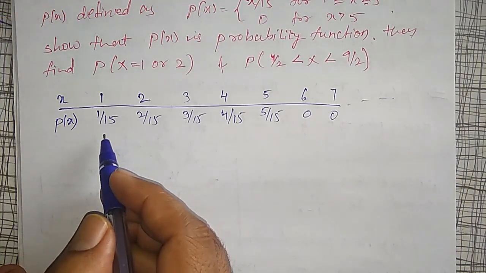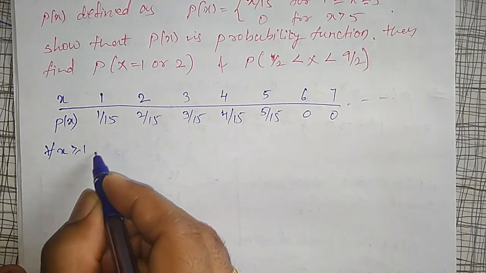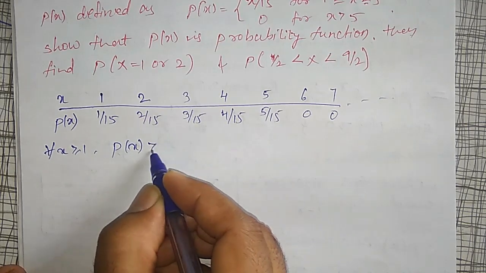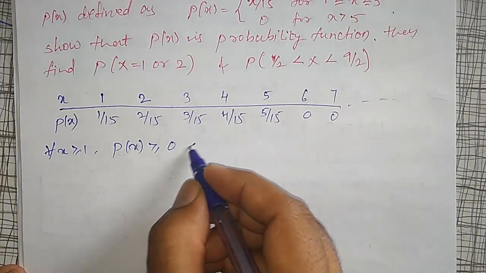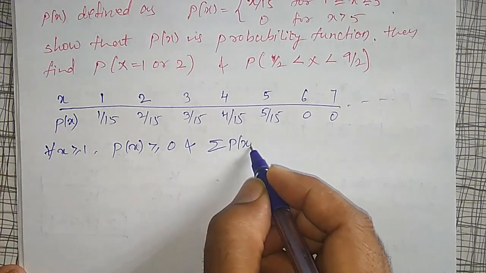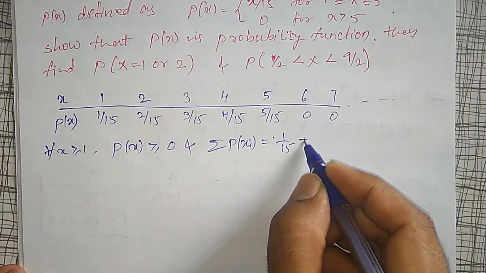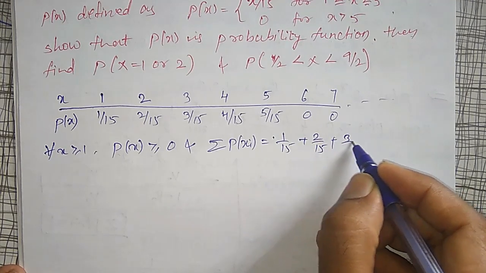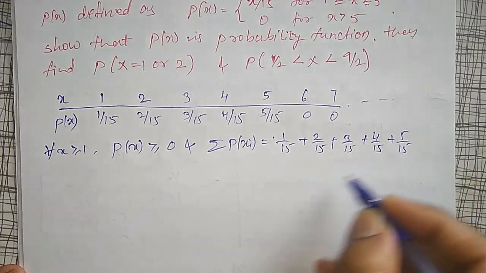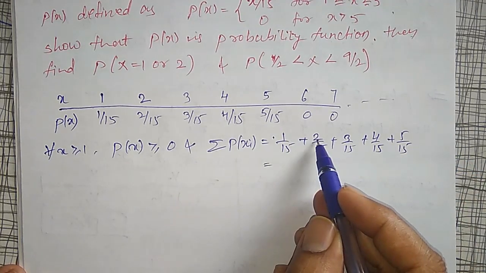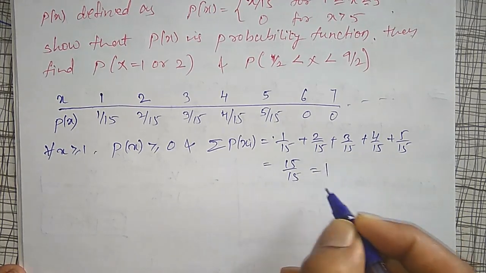Here, for all x greater than or equal to 1, P of x is always greater than or equal to 0. And the sum of P of x i must be equal to 1 by 15 plus 2 by 15 plus 3 by 15 plus 4 by 15 plus 5 by 15, which is 1 plus 2 is 3, 3 plus 3 is 6, 6 plus 4 is 10, 10 plus 5 is 15, divided by 15, which is equal to 1.